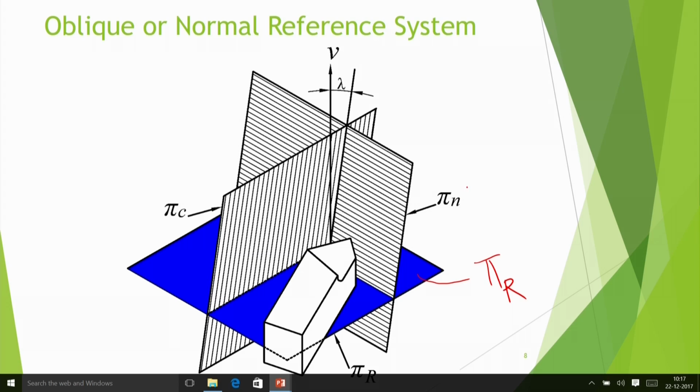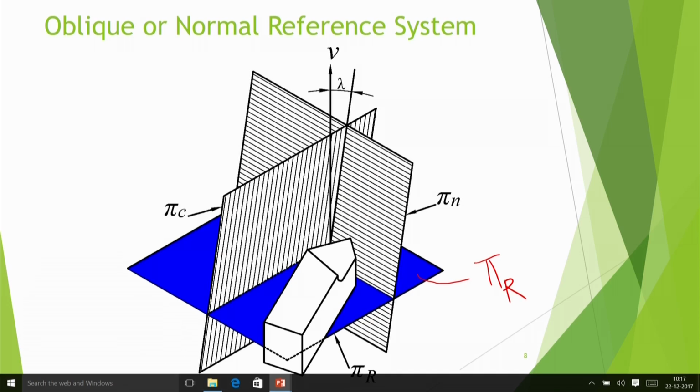What type of plane is it? It is normal to the cutting edge. That means the cutting edge is perpendicular to that. So sometimes pi n may coincide with pi o, but sometimes it may not coincide because the cutting edge itself is inclined. Suppose the cutting edge is inclined, then from the velocity direction, the cutting edge need not be perpendicular to the velocity vector.